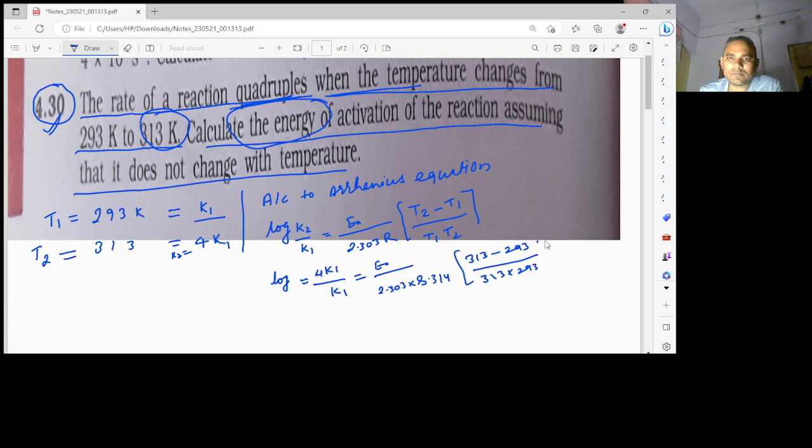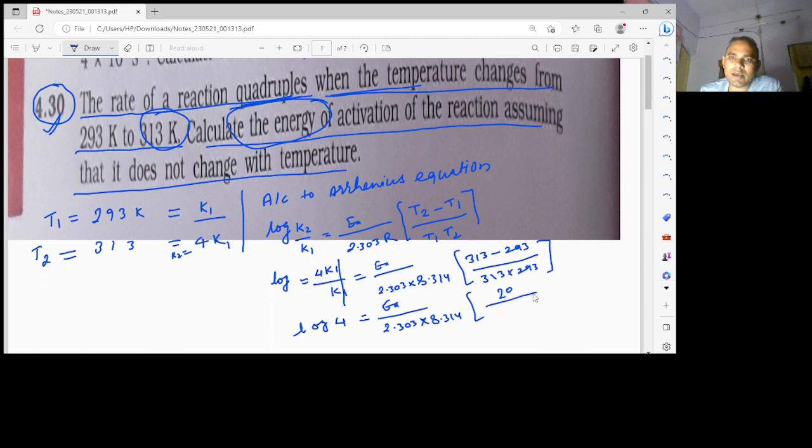Now let us see, 4K1 and K1 cancel out. So log 4 is equal to Ea upon 2.303 into 8.314. In the bracket, if you subtract, 313 minus 293 is 20.